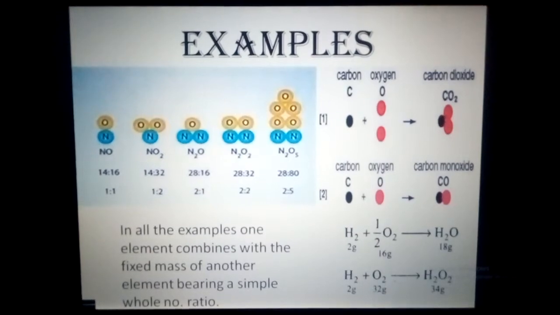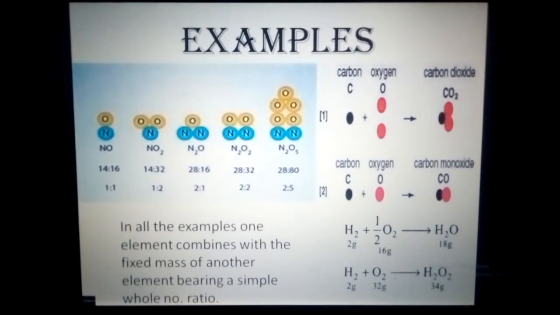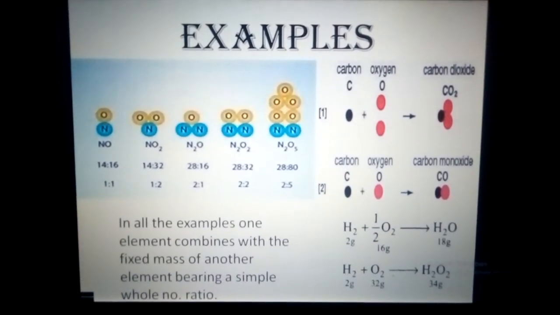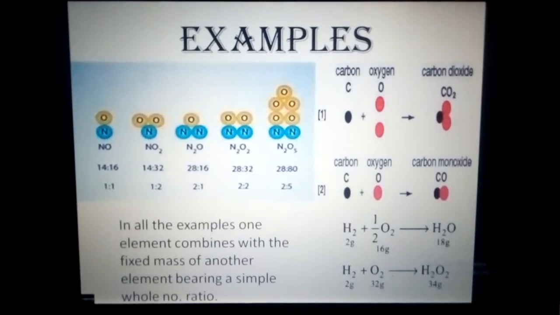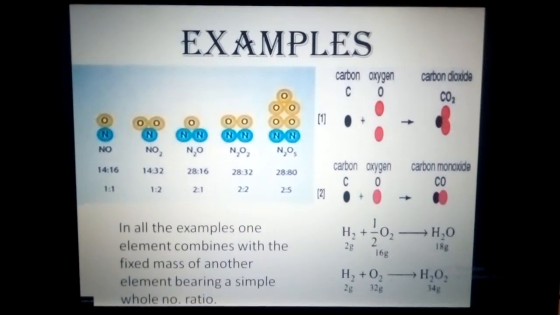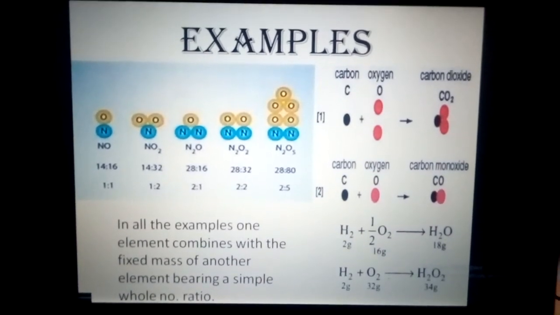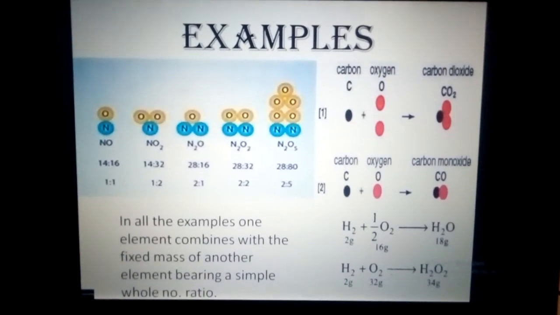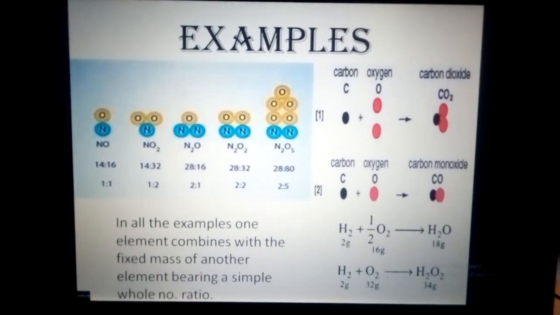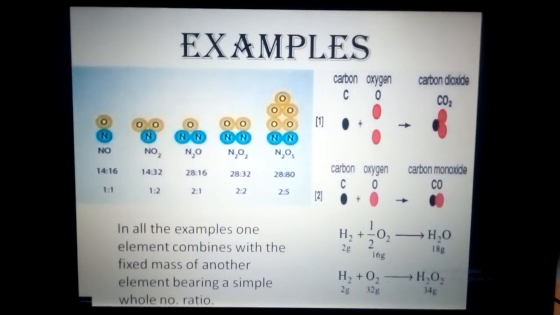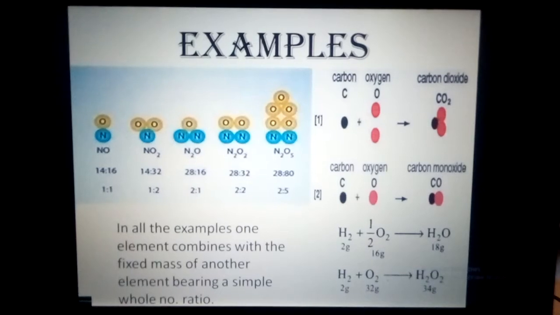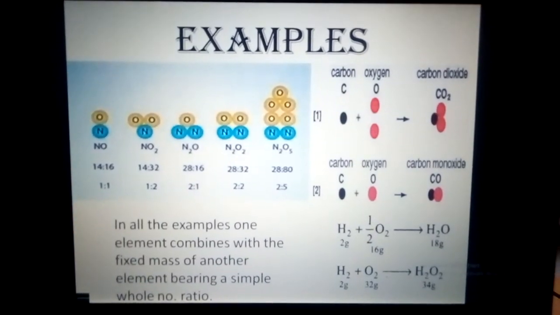Similarly, hydrogen combines with oxygen to form two compounds, namely water and hydrogen peroxide. Here, the masses of oxygen which combine with the fixed mass of hydrogen bear a simple ratio of 1:2. Therefore, in all the examples, one element combines with a fixed mass of another element bearing a simple whole number ratio.